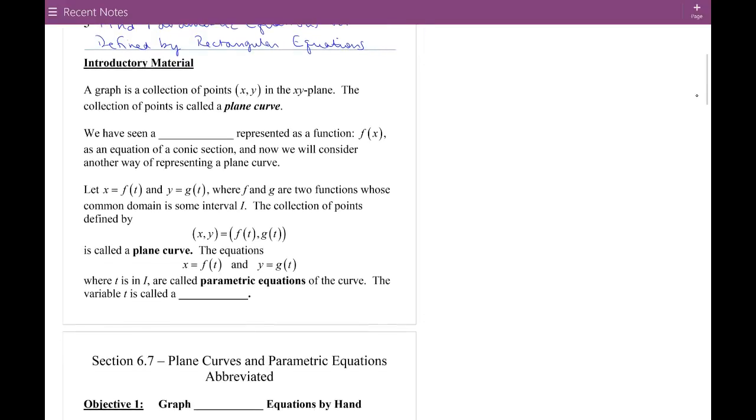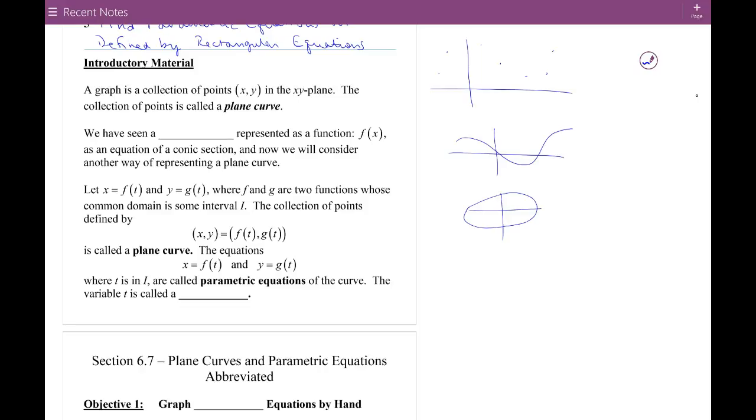Okay, so you already know that a graph is a collection of points in the xy plane, and that collection of points is called a plane curve. So remember that a collection of points can look like anything. It can look like dots, it can look smooth, it can look like an ellipse. There's lots of different kinds of shapes that are called plane curves.